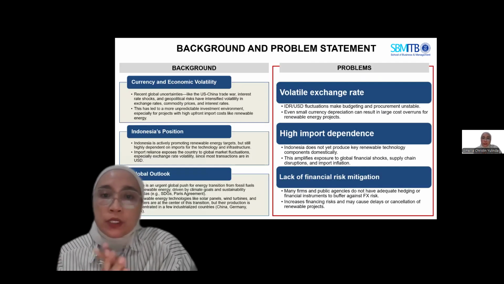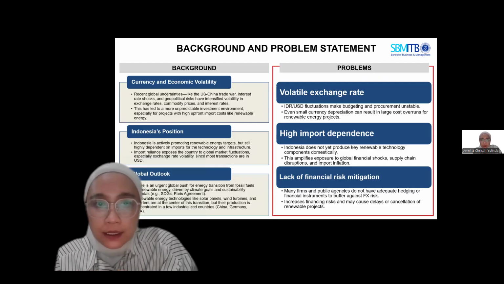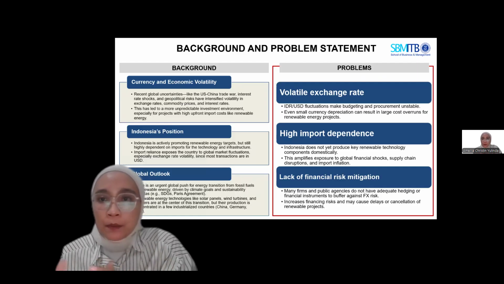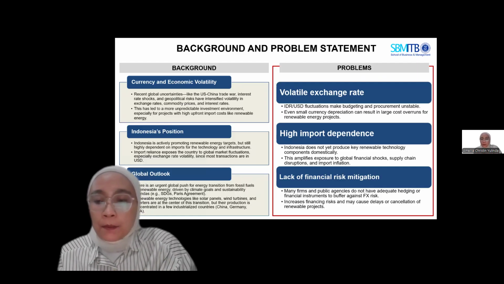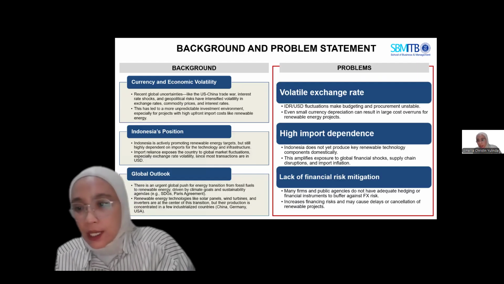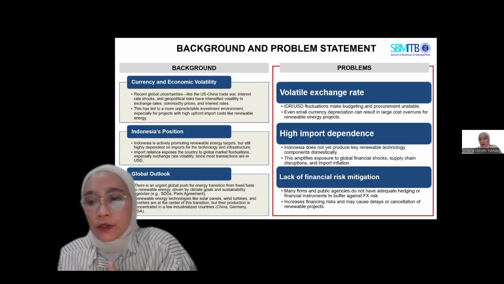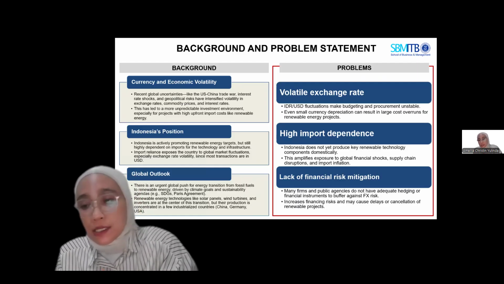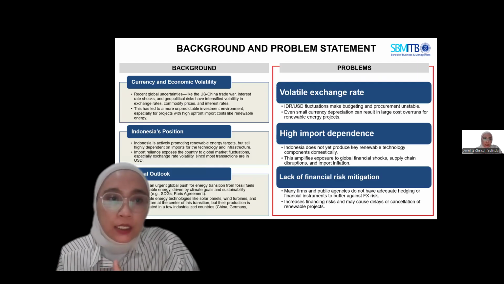Okay, we jump to the first slide. It talks about the background and also the problem statement, because from the background and problem statement, we can build any study framework, methodology, data, and anything further. The background is actually about currency and economic volatility.